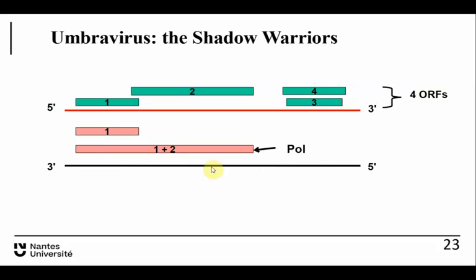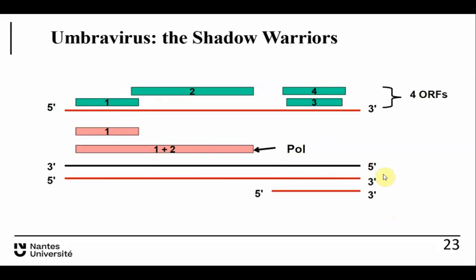They're at the 5' end, so the host cell ribosome is going to translate these first. It looks a little bit like our tobacco mosaic virus genome, which had the RNA polymerase at the 5' end. You get a negative strand replicative intermediate, and this negative strand copy is the template for full-length genome copies and a shorter messenger RNA that codes for these other two open reading frames.